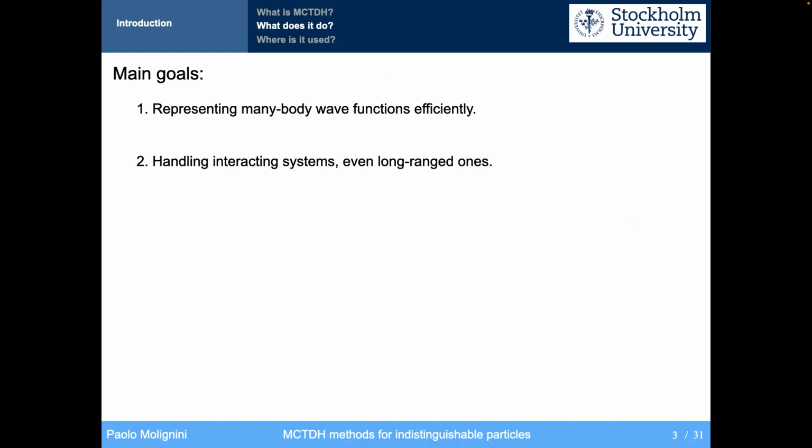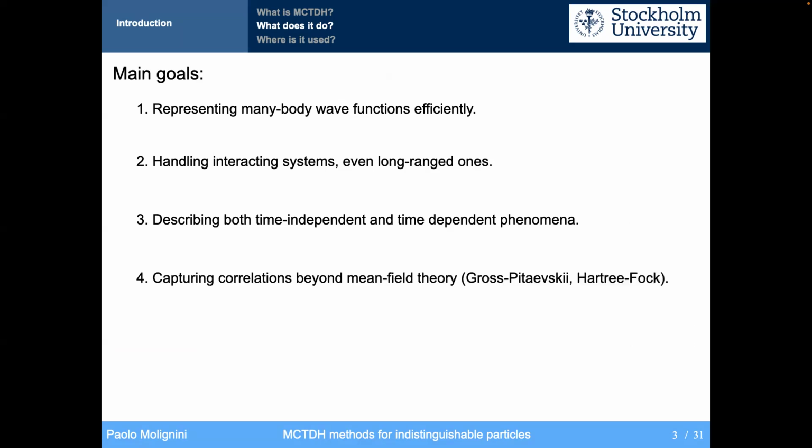The second point is to be able to handle interacting systems, even ones with long-range interactions and correlations. The third point is to describe both time-independent, but mostly time-dependent problems, even with time-dependent Hamiltonians. So you can describe quenches, periodic drives, and any kind of time dependence you want. The fourth goal is capturing correlations.